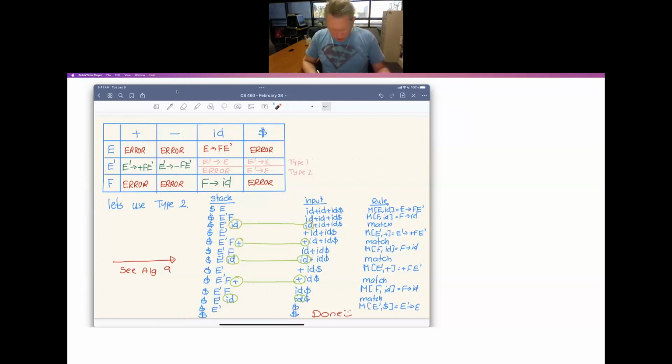If they match and they're not both $, then we can pop it from the stack and advance the input. And if it's not a terminal, then it's a non-terminal. So that's this case. We'll go look that up, pop that off, and push those right-hand sides on in reverse order, and off you go. And of course, if you end up looking up an error in here, you would simply report that there's an error.